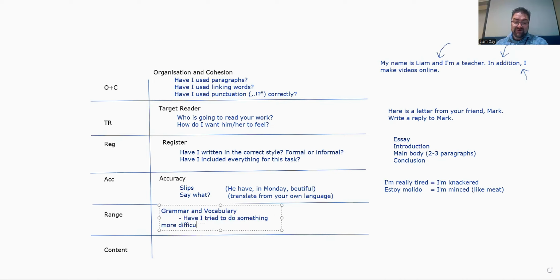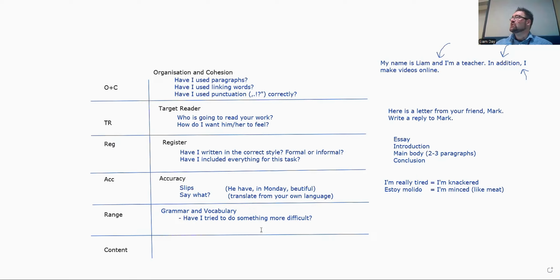And the question for this one is, have I tried to do something more difficult? Okay, you can write an essay and you can just use simple grammar and your accuracy will be very high. But the examiner wants to see that you are trying to do something difficult.